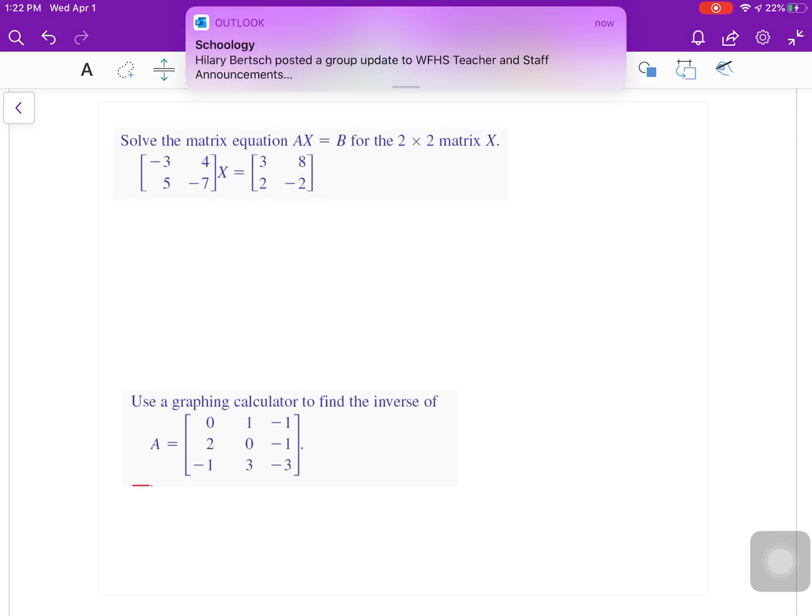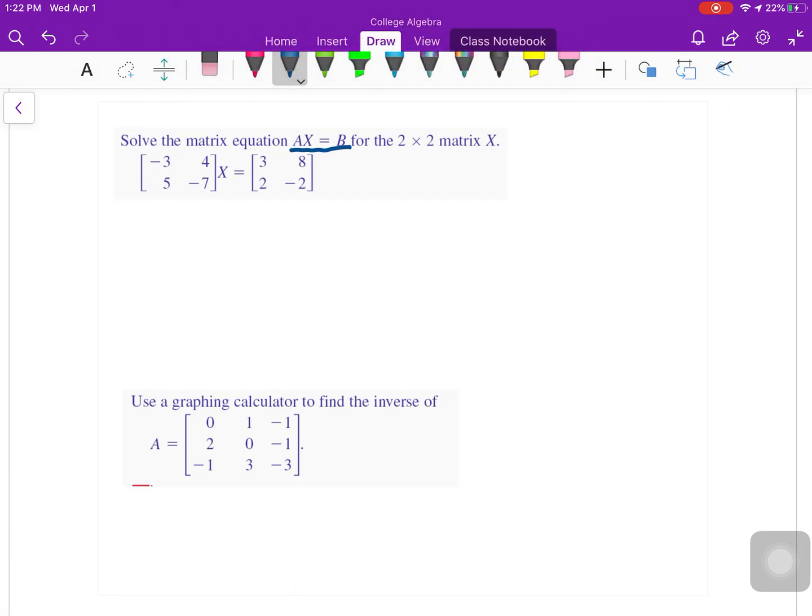So this says solve the matrix using the equation AX equals B. Well, in this case, matrix A is your given matrix. Matrix X is your variable matrix.